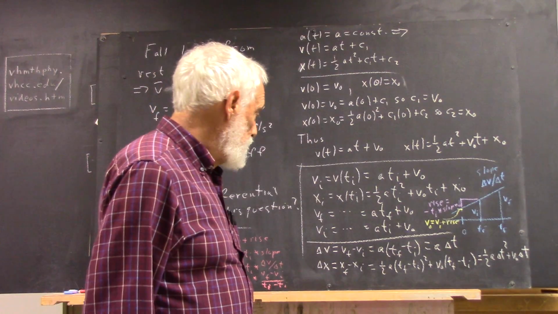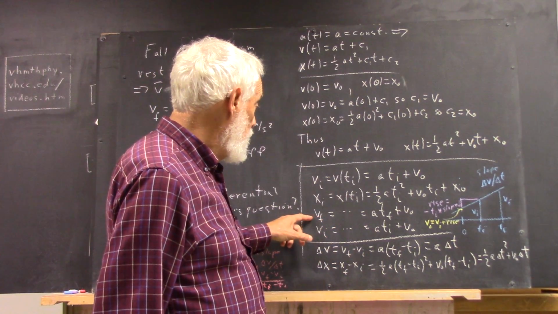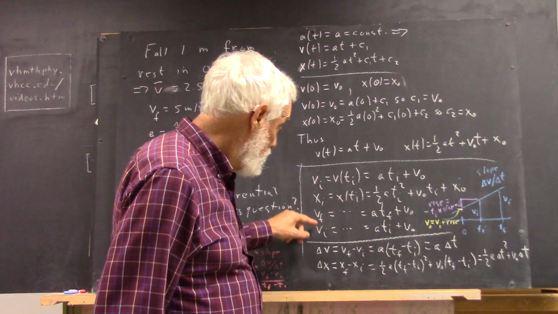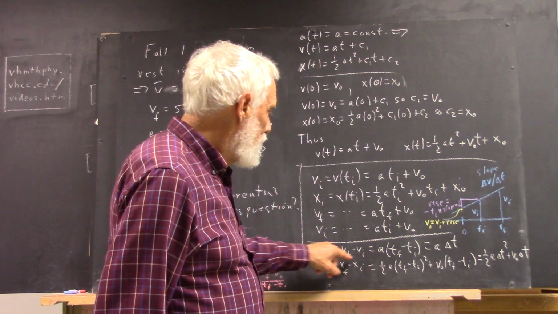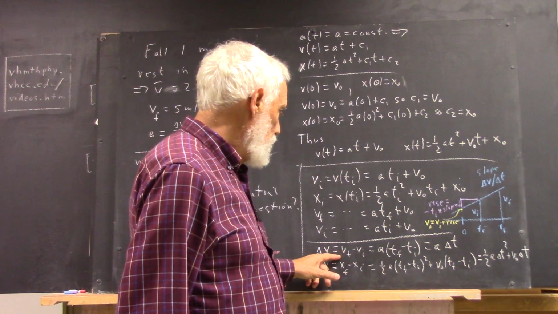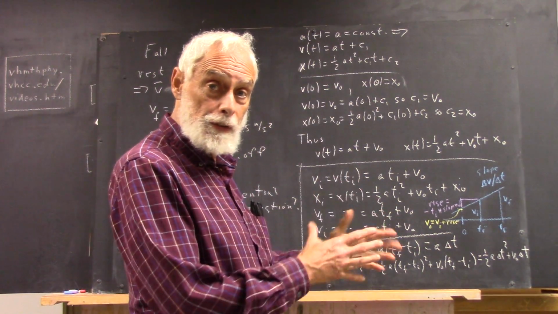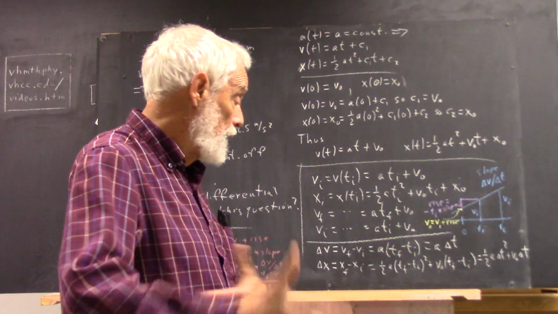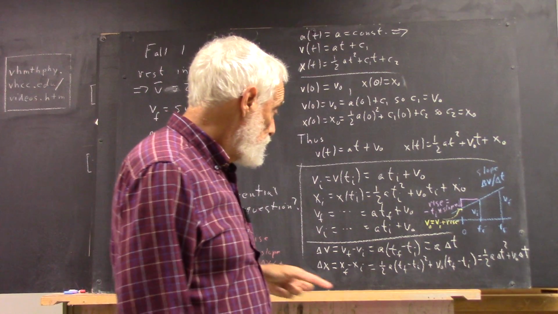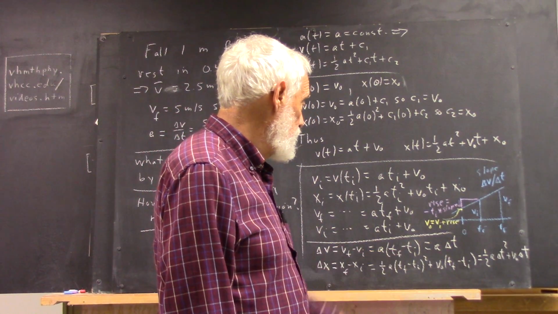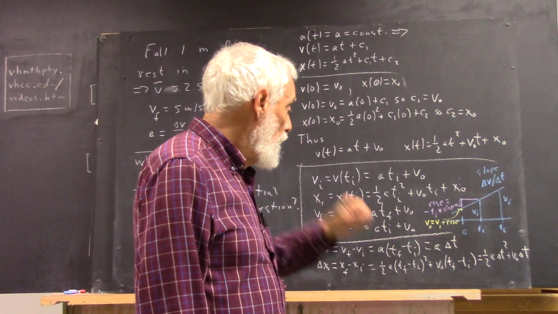Okay, so delta v is vf minus v sub i. Now I'll use this v sub f and this v sub i to see clearly what this is, but if you just write out what v sub f is, v of t sub f minus v of t sub i, plug in the t sub f and the t sub i and go to all the trouble, you're going to end up with this: a times t sub f minus t sub i. And why is it?